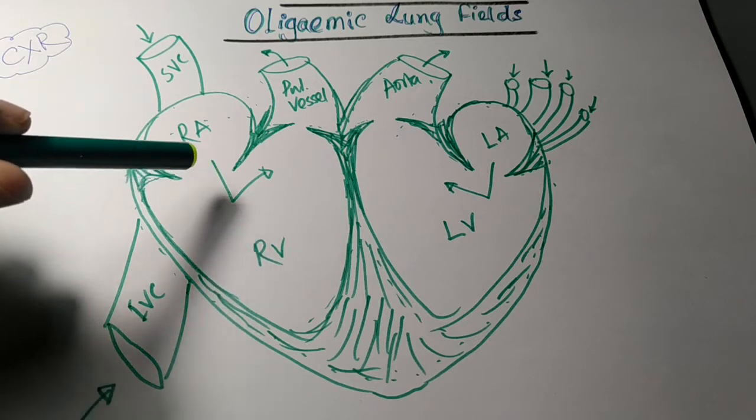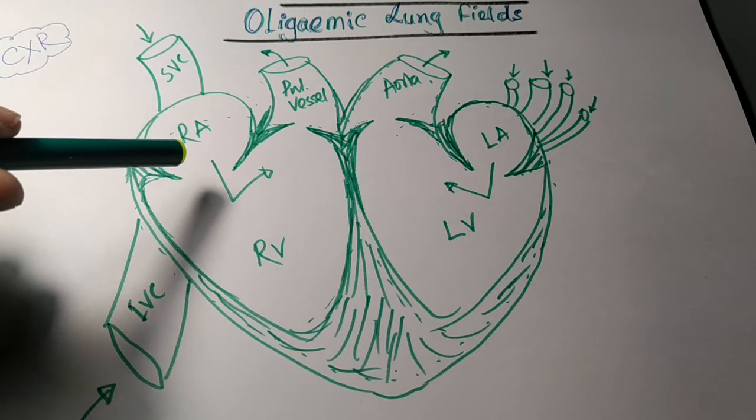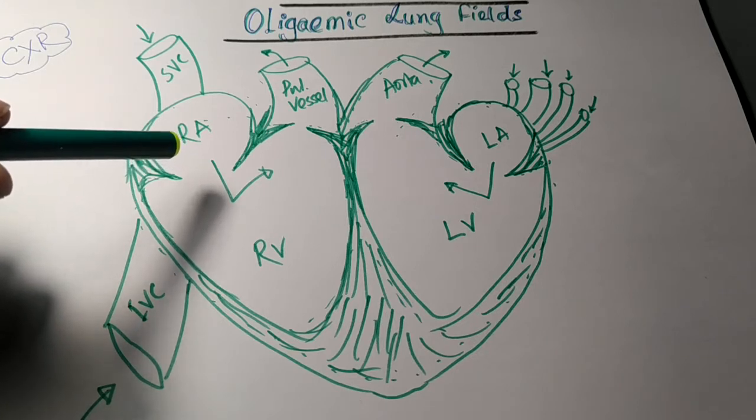Now, the terms oligemic lung field and plethoric lung field. Oligo means less, decrease, and plethoric means more or increase.